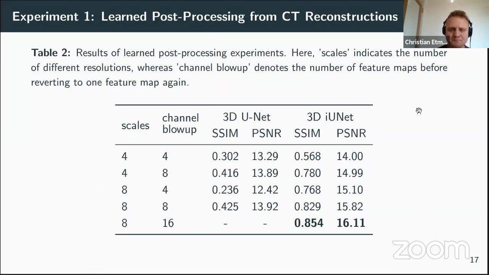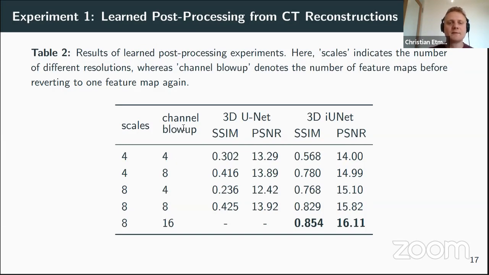And as we can see, if we compare this to a standard 3D UNet and then apply our 3D invertible UNet, we get generally much higher structural similarity indices and PSNRs. So scales here denotes the number of downsampling operations plus 1, basically. So 4 scales means we have 3 downsampling operations, and 8 means that we have 7 downsampling operations.